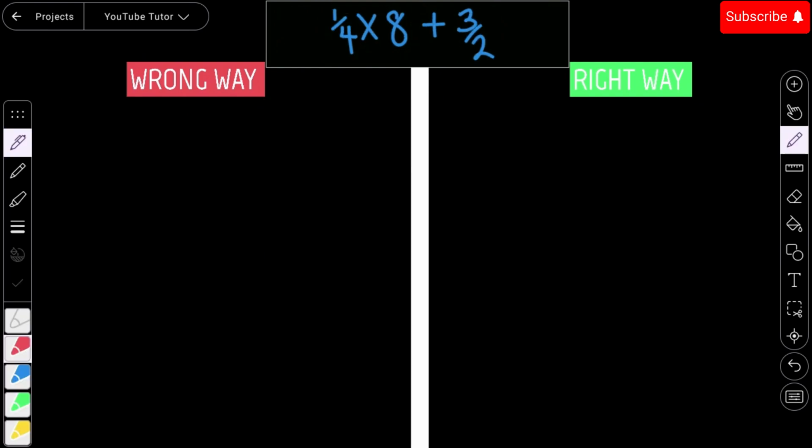So now we have this nice question here, which goes like 1 over 4 times 8 plus 3 over 2. So I'll take you through the wrong way and show you the right way, since I am your tutor for today. Okay, so for that, if you write 1 over 4, then now you multiply it and put 8 plus 3 over 2 in parentheses.